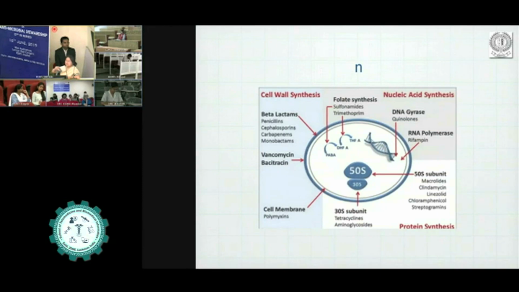So they need a pump system to traverse this cell wall. So this is again an oxygen dependent process. The entry to the cell wall is an oxygen dependent process, and only in presence of this oxygen dependent process will they enter the cytoplasm and act on the ribosomes.